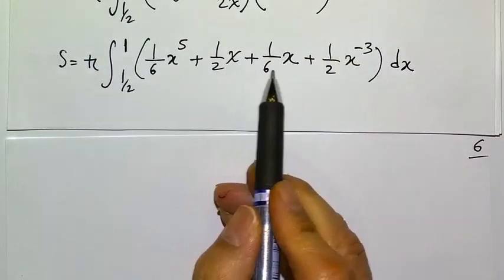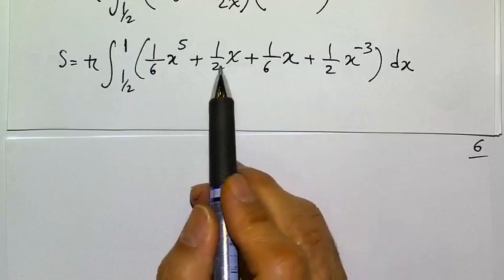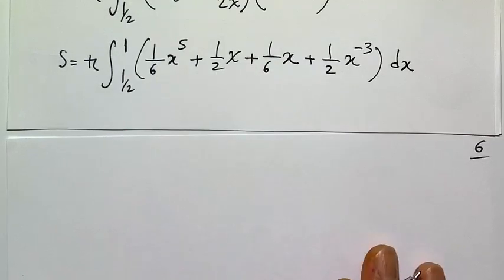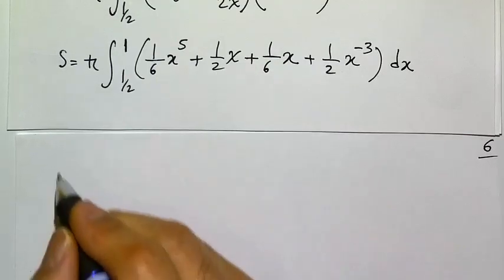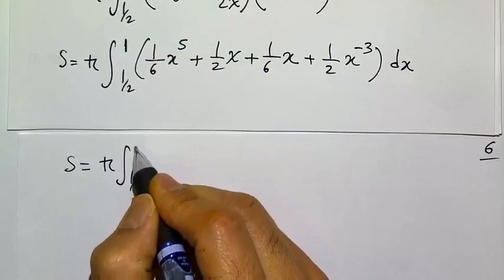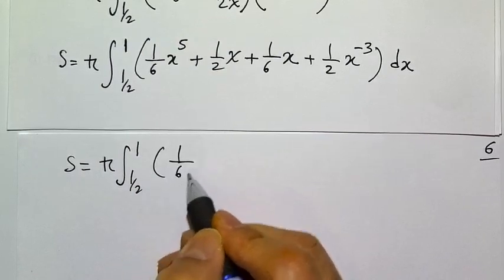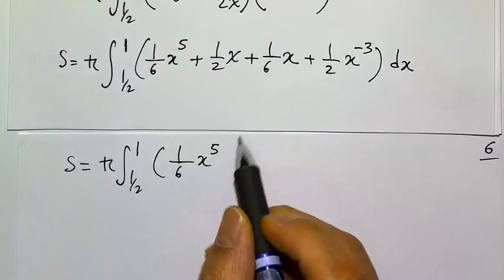So these two x terms should combine. So let's do that. These two no, but these two should combine. So we have s equals pi integral from 1/2 to 1, and we have 1/6 times x to the 5th.